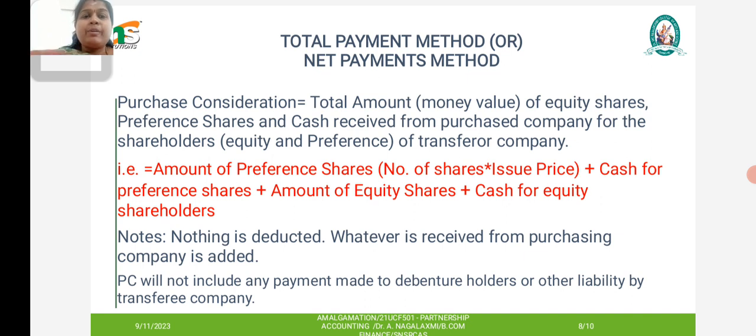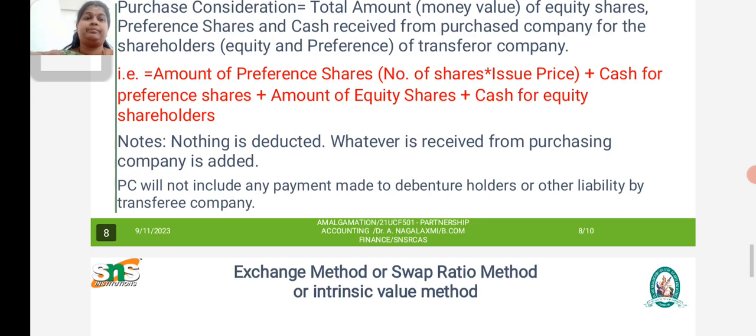Whatever is received from the purchasing company is added. Purchase consideration will not include any payment made to debenture holders or other liabilities by the transferee company. Any other liabilities of the transferee company will not be included in purchase consideration.